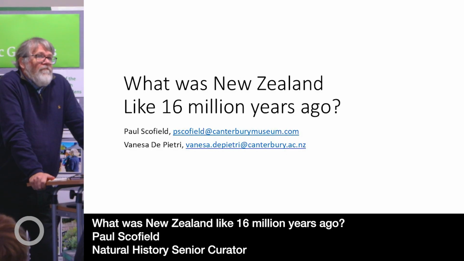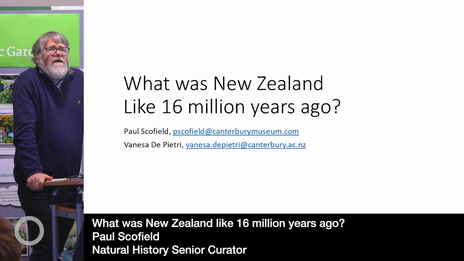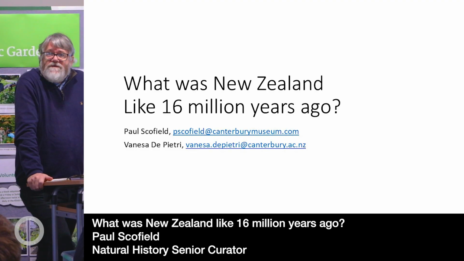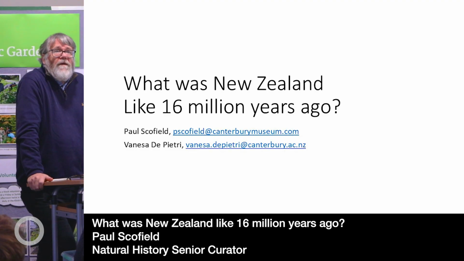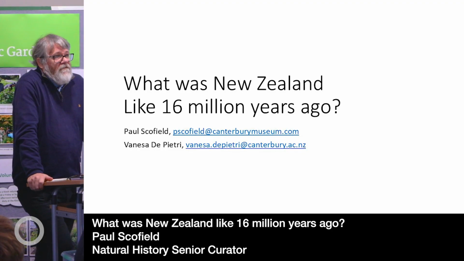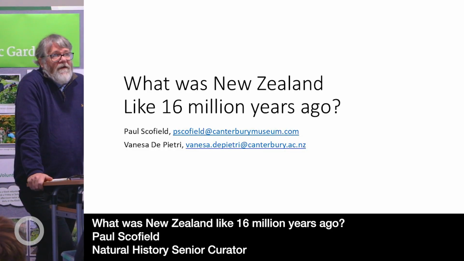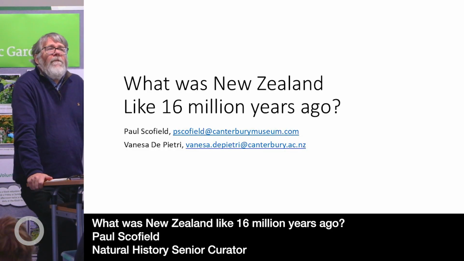And one of my primary areas of interest is in the New Zealand Miocene. So the New Zealand Miocene, or the Miocene period, was a period from about 20 million years ago to about 6 million years ago. And it was a pivotal period in defining what animals and plants are found in the world today.